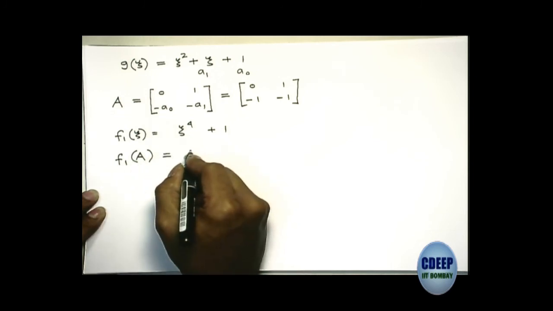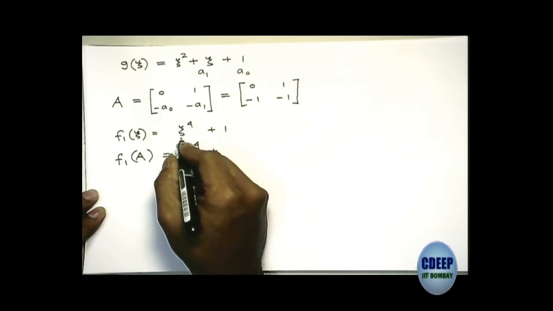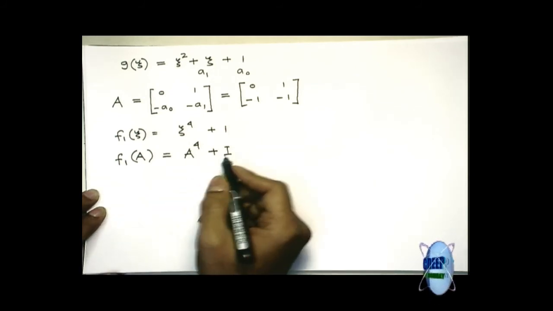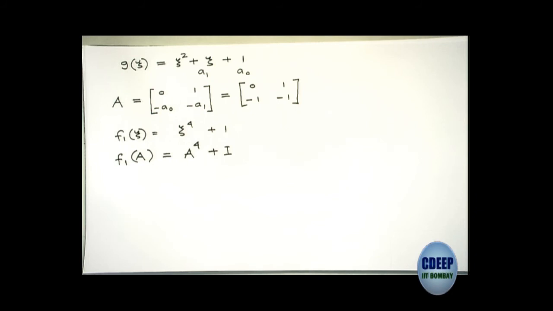In this case, it would be A to the power 4 for xi to the power 4, and for 1 you have to give identity. So look at A to the power 4 plus identity, that will be a 2 by 2 matrix again. Look at the first row of that.